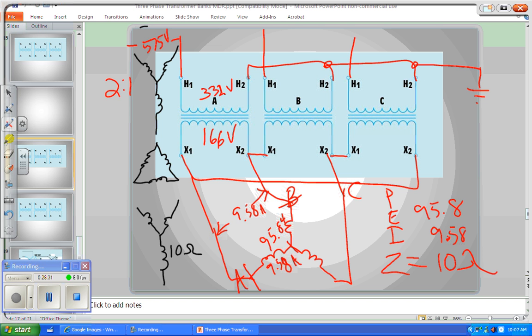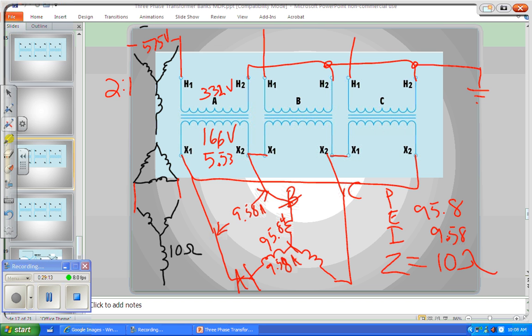Now, if that's my load phase current, what does that mean to my transformer delta output? That's my line. So my line current in that delta is 9.58. But in delta, the currents are not the same. If my line current is 9.58, what is my phase current? 5.53, because we divided 9.58 by the square root of 3, right?